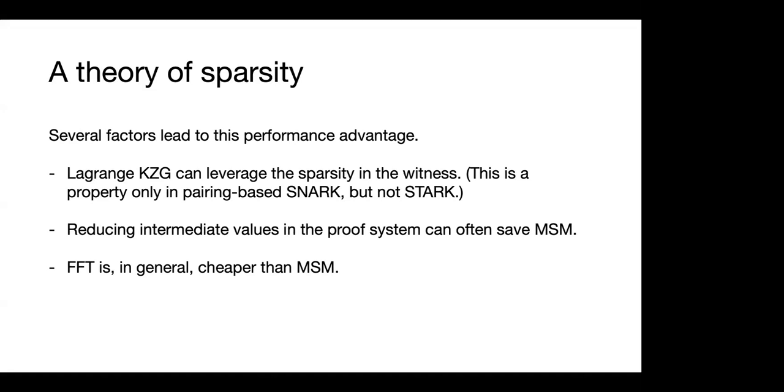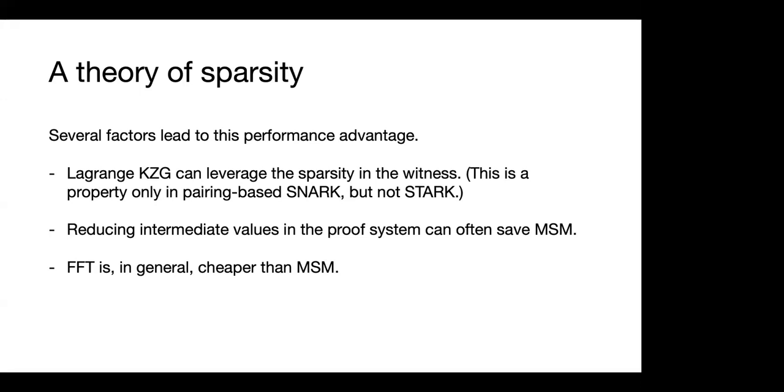But if I'm doing elliptic curves, where I am committing data that are of very small numbers, so the polynomial probably has a lot of zeros, then when I use the Lagrange basis, I am able to save the cost. This means that when you are using more wires, maybe in an elliptic curve based system, you are not paying that much for this. And for STARK, you usually don't have this benefit. Whether the polynomial is sparse or dense, the cost of doing a lot of operations over it is probably not much different.